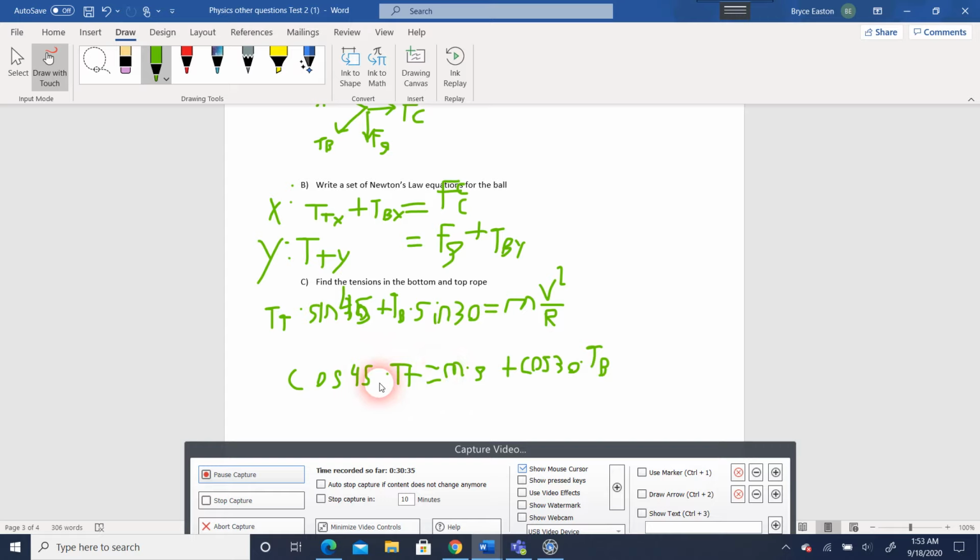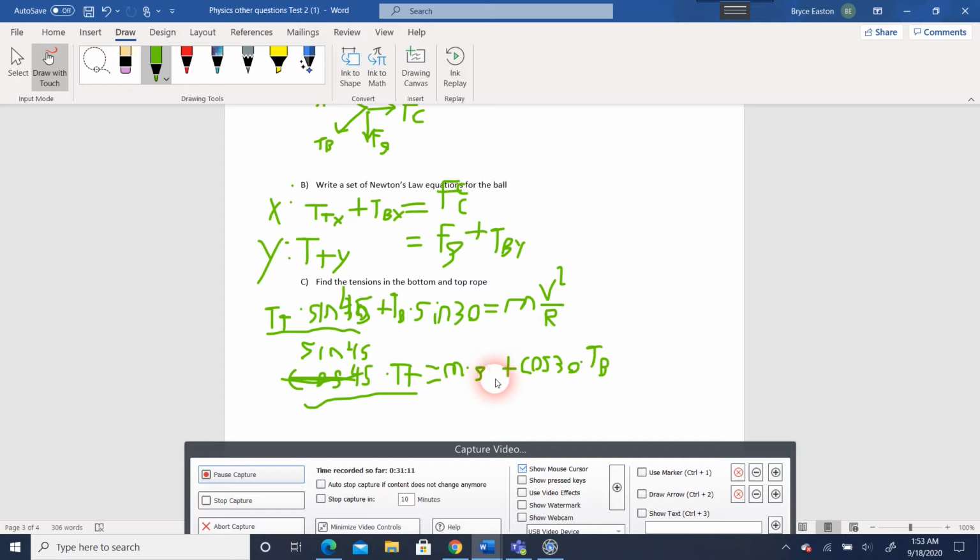And then from here on out, the main thing we want to do is combine these equations and simplify. So you know how I said that cosine of 45 equals sine of 45? This is where that comes into play, because since those two are equal, we can replace cosine of 45 with sine of 45 down here. And suddenly, this part is equal to this part.